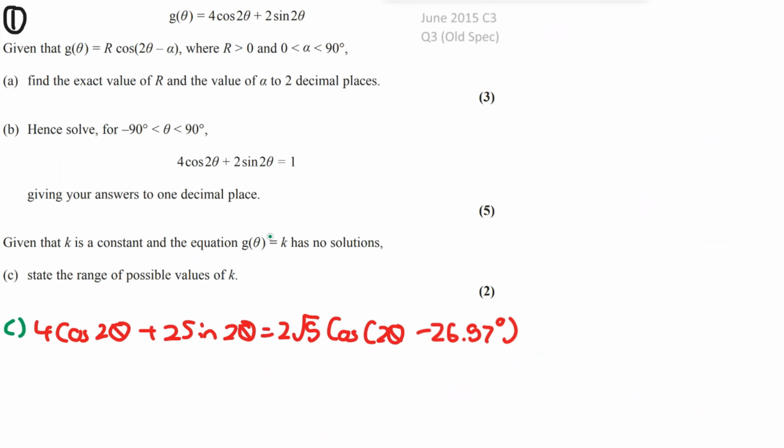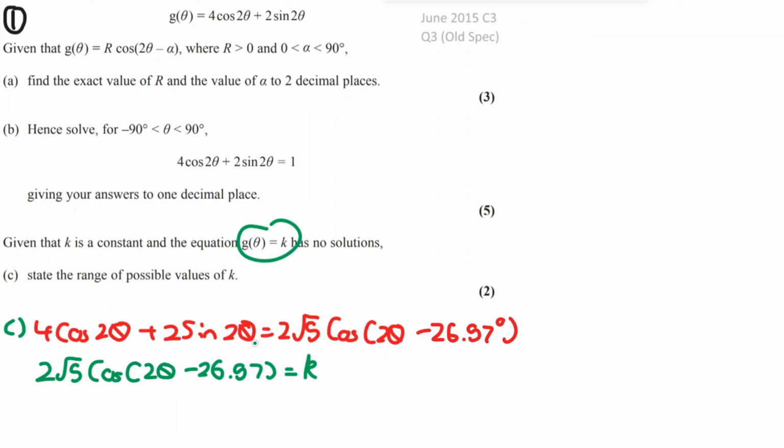So for part C, we're introduced to this equation g theta is equal to k, and as g theta is equal to 4 cos of 2 theta plus 2 sin of 2 theta, and we can write this in this form here, therefore we can write g theta is equal to k as 2 root 5 cos of 2 theta minus 26.57 degrees is equal to k.